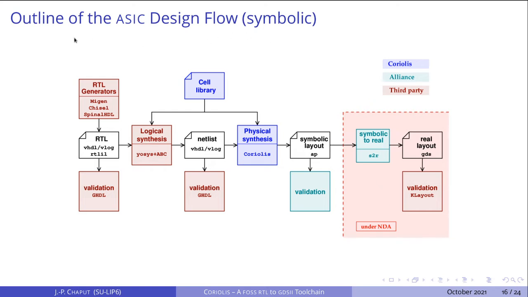So, the symbolic flow starts with an RTL description, register transfer level, which can be written in VHDL, Verilog, or RTLIL. It comes itself from an HDL language, meaning hardware description language.